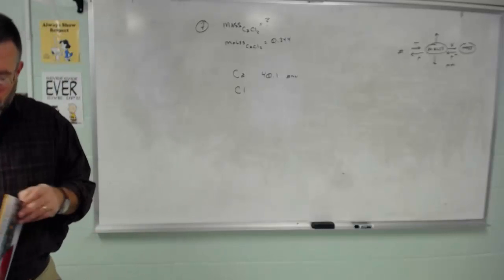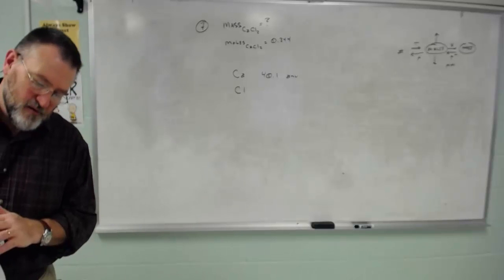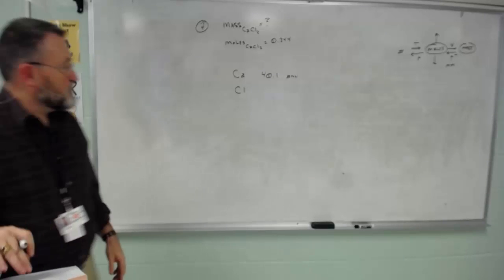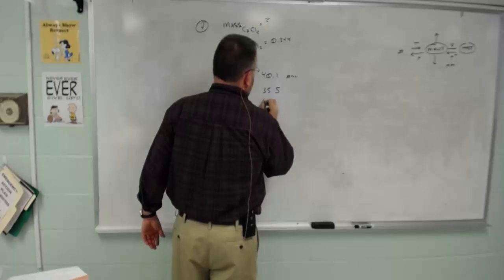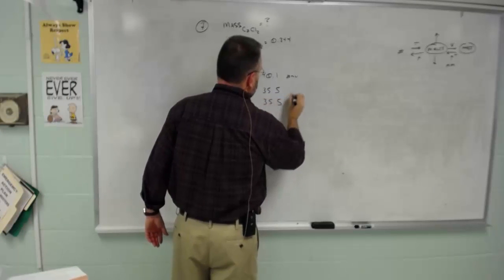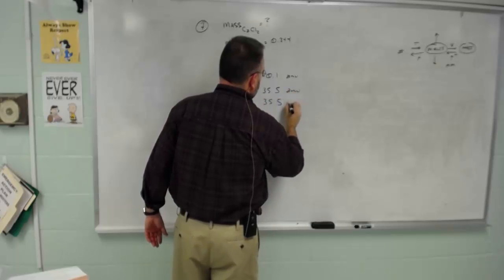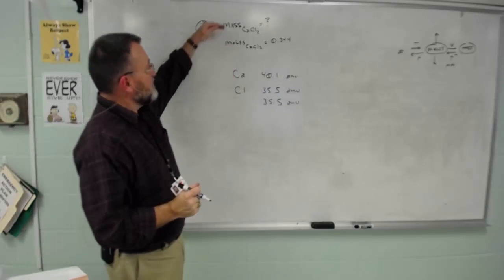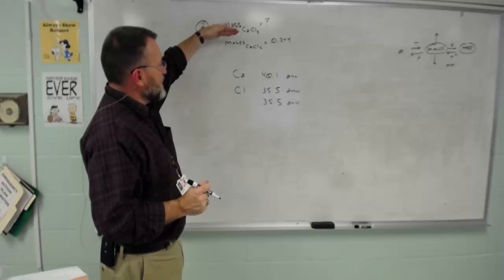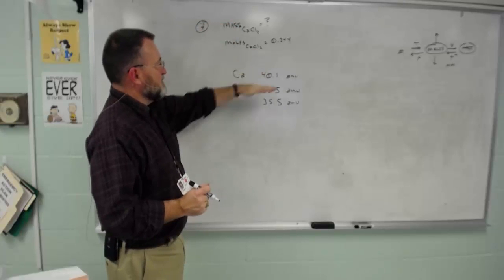And chlorine should be 35.5. It is, say. Chlorine is 35.5. And we need 2 of them, correct? This calcium chloride molecule is made up of 1 calcium and 2 chlorines.